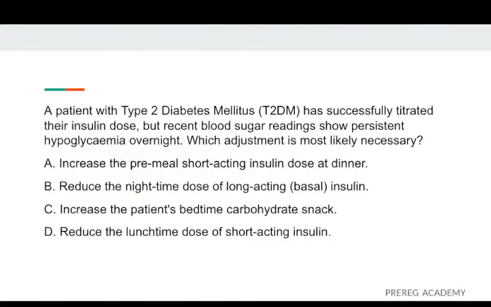So it could be 3 to 4 spoons of sugar. It could be juice, okay? 150 to 300 ml of juice. It could be dextrose tablets, okay? But it has to be fast acting sugar, not biscuits. And glucagon is only given when the patient is unconscious. If the patient is unconscious, then IM glucagon is a preferred option.